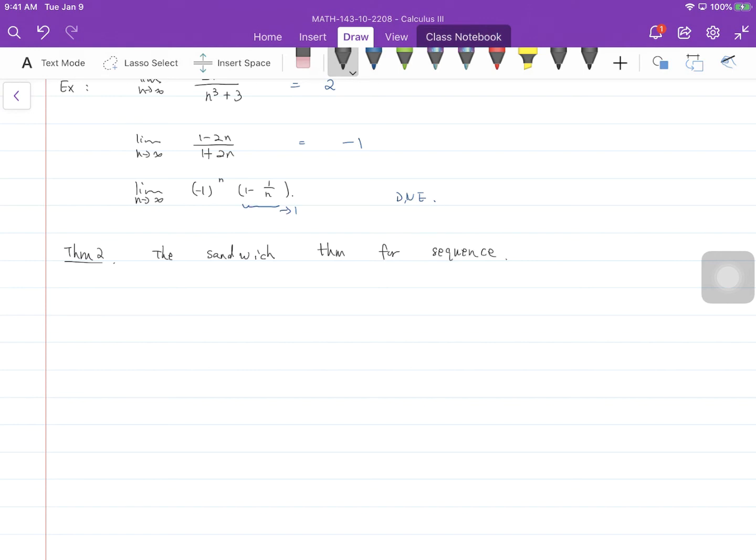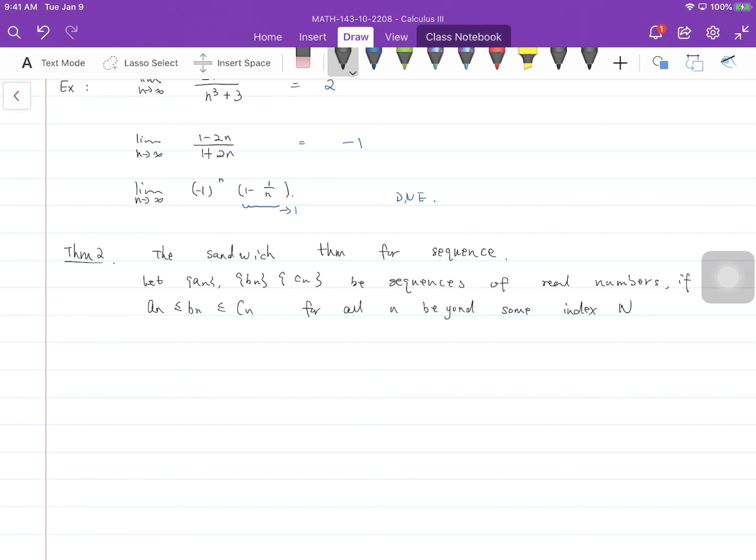Okay, so here we have 3 sequences, An, Bn, and Cn, real numbers, and if Bn is in the middle of An and Cn, greater than An, less than Cn, for n beyond some index. That means Bn doesn't have to be in between for all the n.